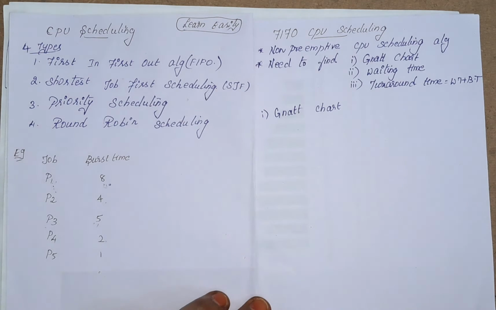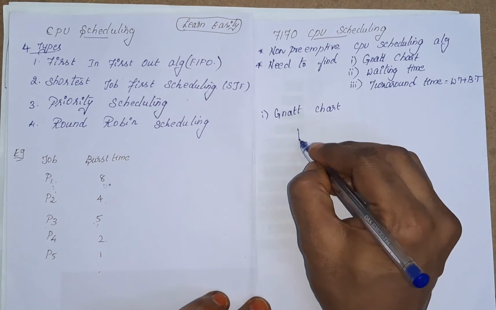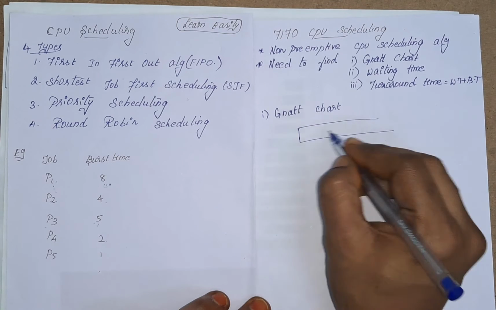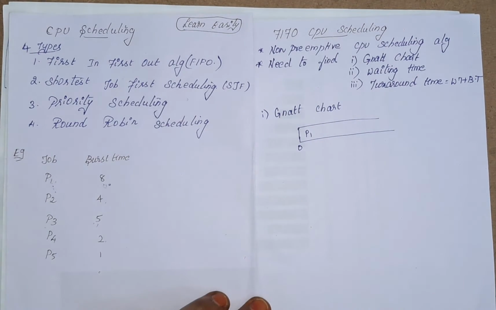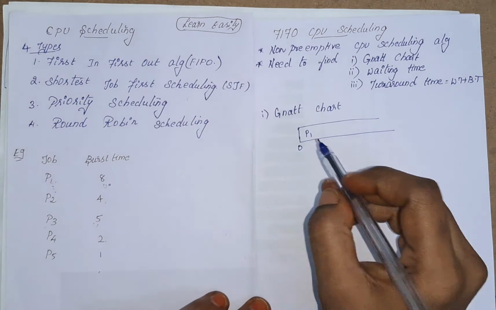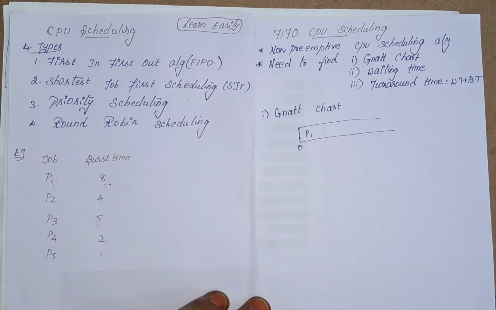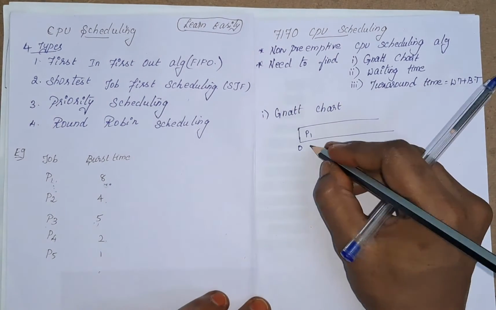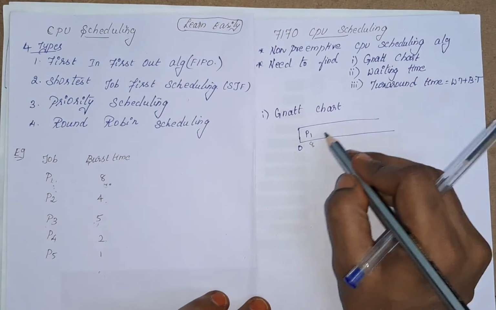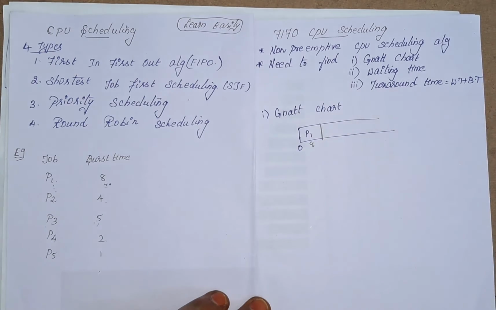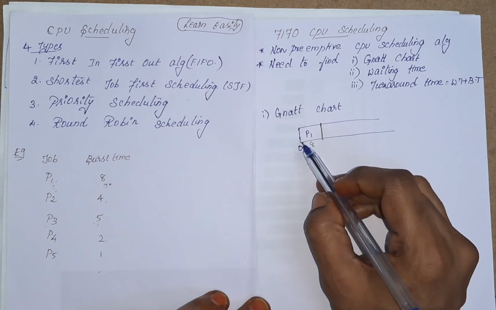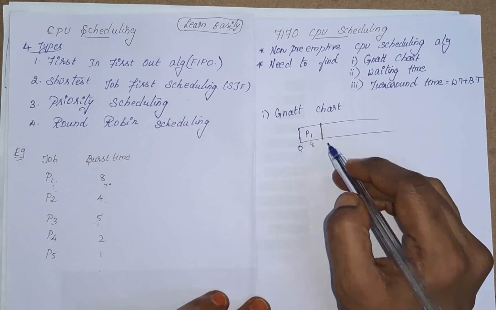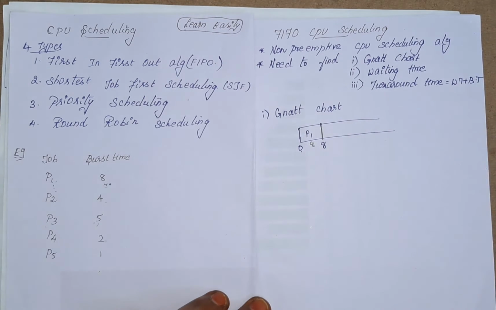Here nothing is given, so while taking process 1 to execution there is no waiting time and it is 0. Process 1 takes 8 seconds to complete, so the Gantt chart for this is P1 starts at 0 seconds and completes at 8 seconds.